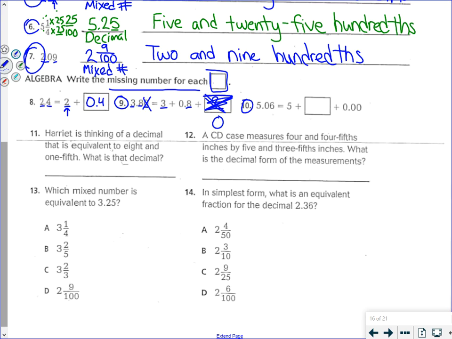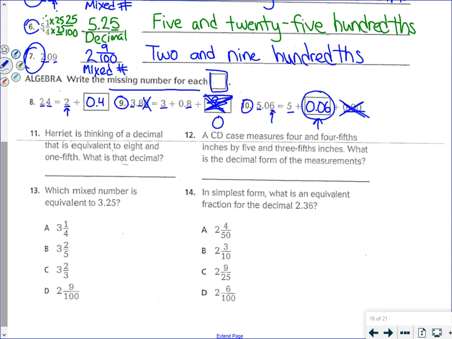So this one is trying to trick you again here, okay? So notice we have 5, okay? And we have 0.00, but we have a 0.06. We have 600ths in that one. So what does this tell you that this one has to be then? If this is not doing anything for us, what does this box have to be? We still need that 0.06. Okay? So those are just a couple of tricky ones.